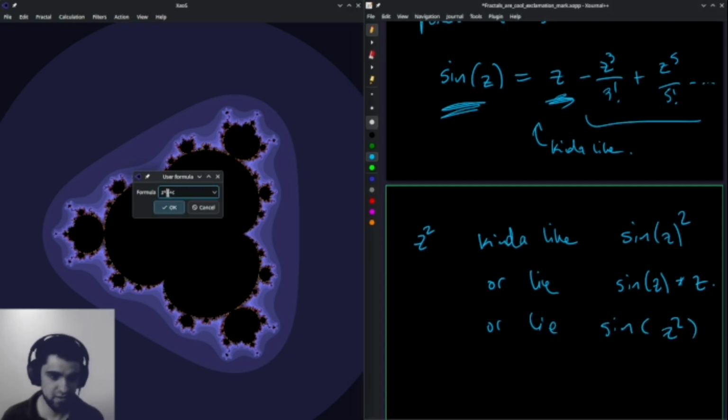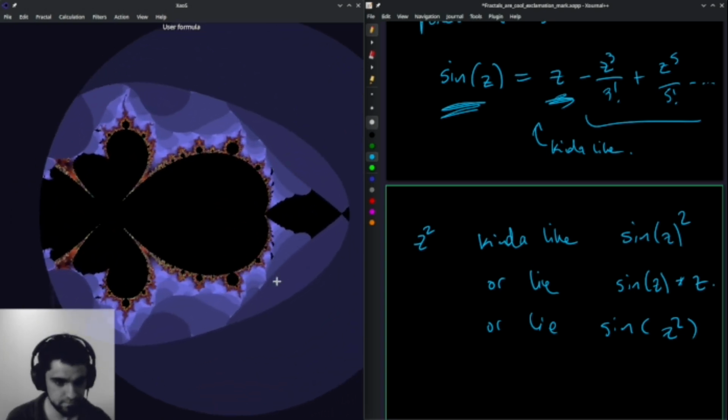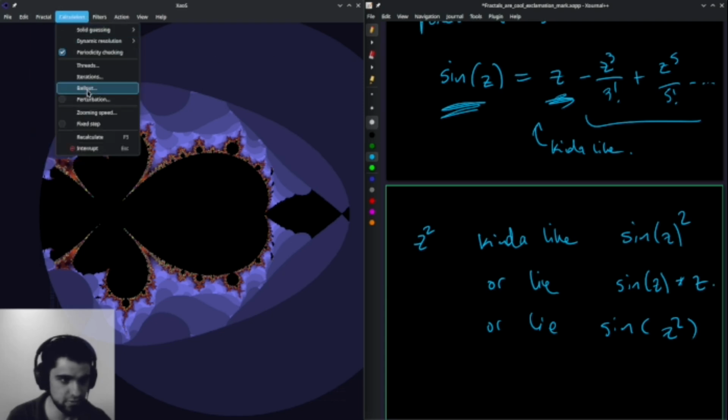And if we try any of those, we should get something that looks kind of like the Mandelbrot set. So if we take sine of z squared, we get this, which doesn't quite look like the Mandelbrot set right now, but that might be because of the 2 bound that we have, so we're going to change that.